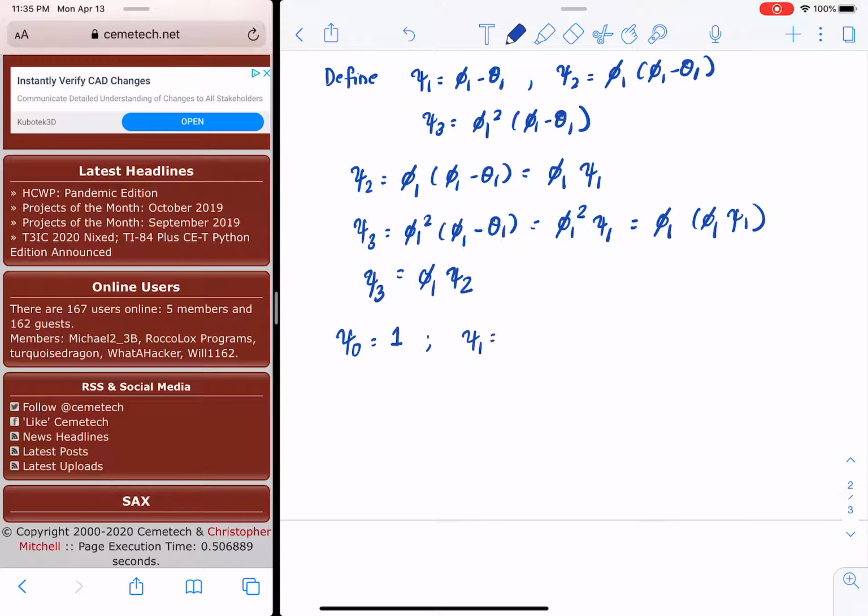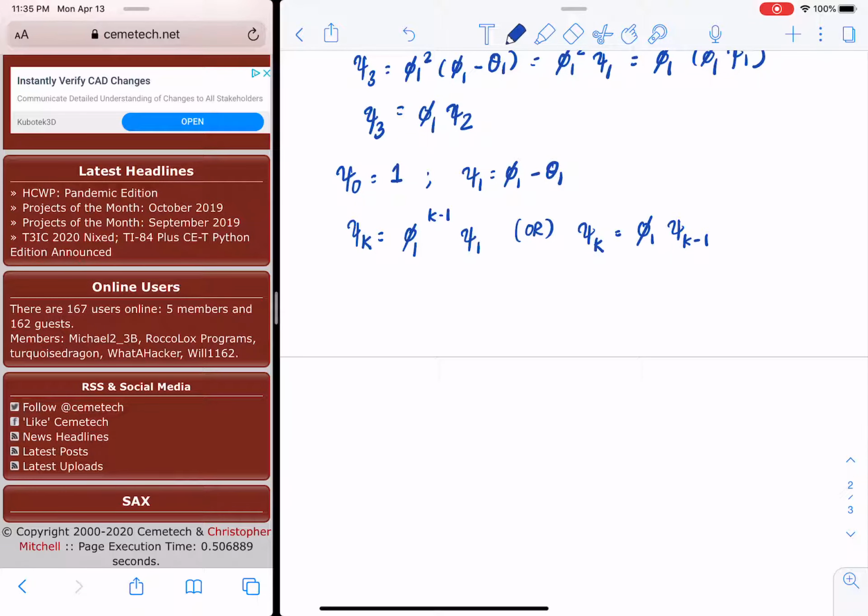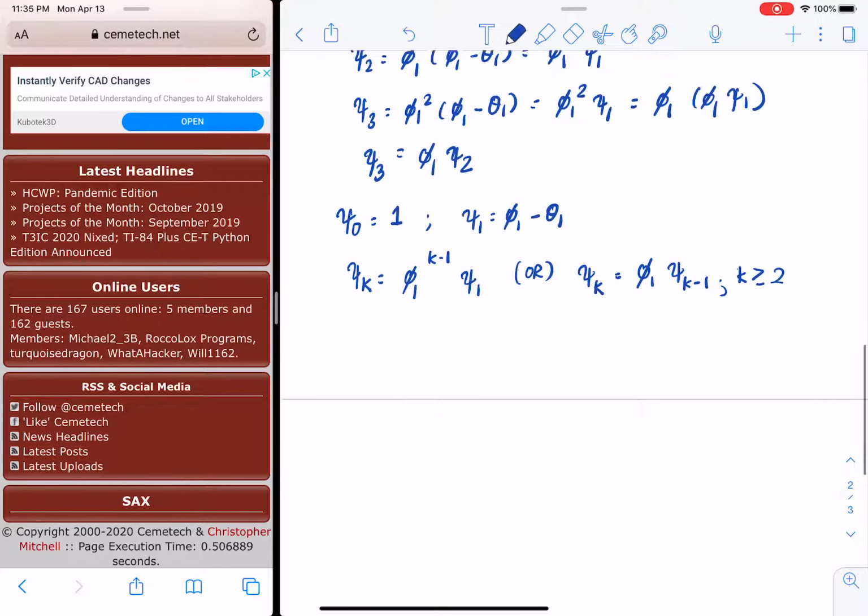And psi_1 would be phi_1 minus theta_1. And psi_k would be equal to phi_1^(k-1) times psi_1, or psi_k would simply be equal to phi_1 psi_{k-1}. And that could only hold true for k greater than or equal to 2. So those are the psi weights.